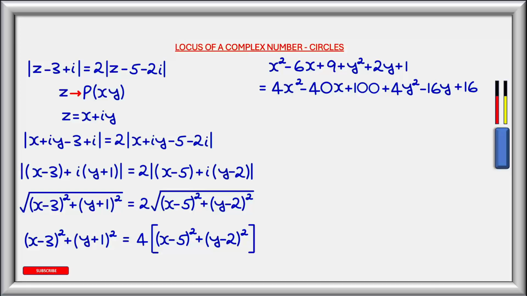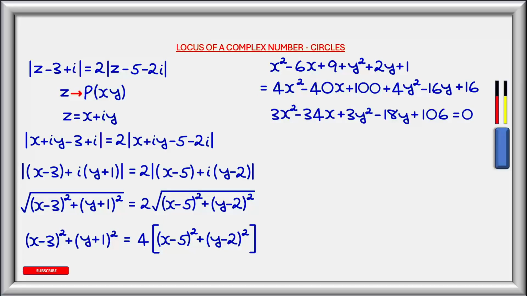And expanding the brackets gives x squared minus 6x plus 9 plus y squared plus 2y plus 1 is equal to 4x squared minus 40x plus 100 plus 4y squared minus 16y plus 16. And simplifying this gives 3x squared minus 34x plus 3y squared minus 18y plus 106 is equal to 0.